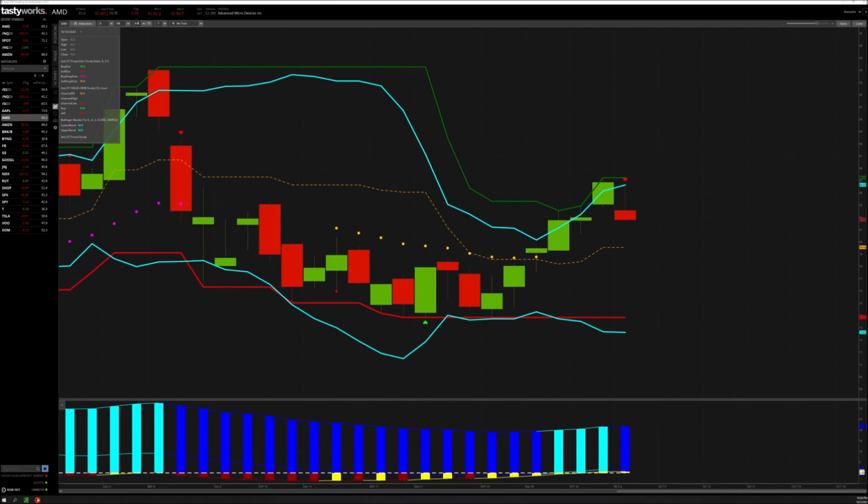This one here, I've looked at. Yeah, I looked at John Carter's script on TOS, and it's about the same. Basically volume, volume, volume. They're looking for increasing volume or decreasing volume. That's how they come up with their formulas.